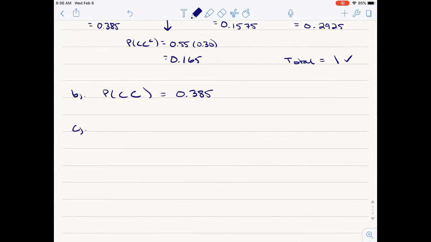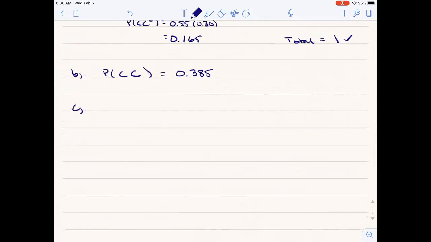So then C, what's the probability that you don't get a clear day on either of the days? That's a weird question. I feel like what I meant to say was this.